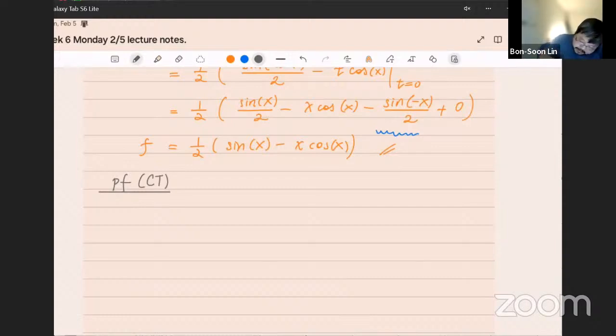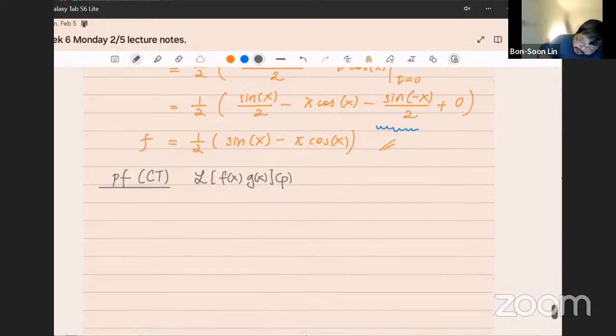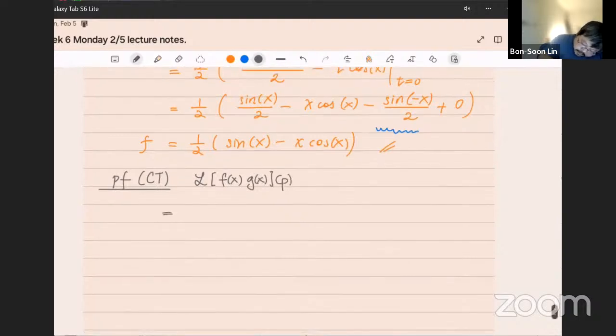Here we go. So the Laplace transform of, where should we start? Let's start with the product of the transforms.